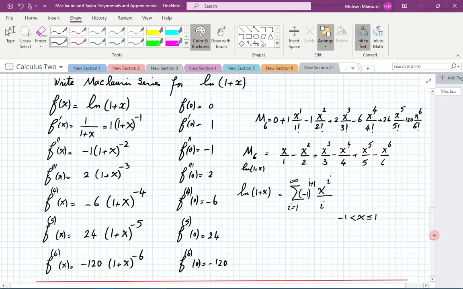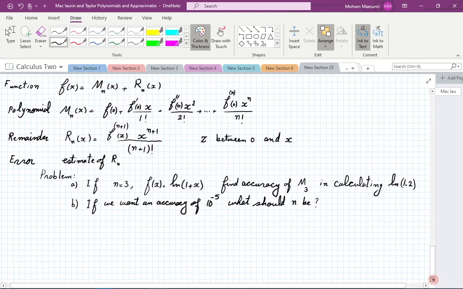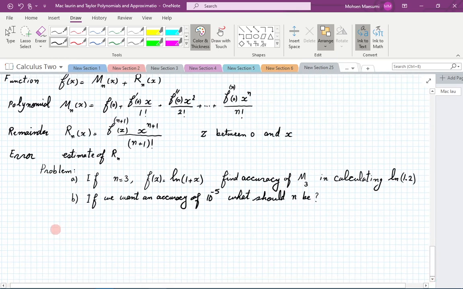So let's go ahead. First, we know that for logarithm of 1 plus x, we have the Maclaurin polynomial. It goes like x over 1 minus x squared over 2 plus x cubed over 3, and so on we go. And then we want to stop at x to the power of n over n. The question is, is it a plus or minus?